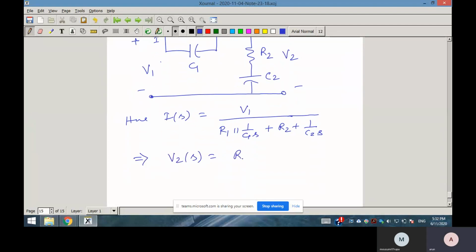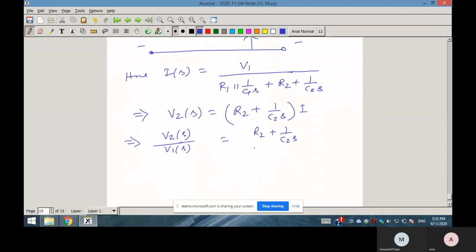V2(s) equals R2 plus 1 by C2s into I. So this will imply V2(s) by V1(s) will be equal to R2 plus 1 by C2s divided by R1 plus 1 by C1s plus R2 plus 1 by C2s. Sorry, this is parallel.